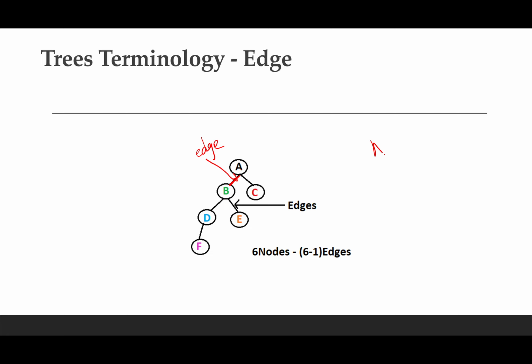If there are n nodes, the tree contains n minus 1 edges. For example, here there are 6 nodes. How many edges are there? 1, 2, 3, 4 and 5. Totally 5 edges. So for 6 nodes, it contains 5 edges.